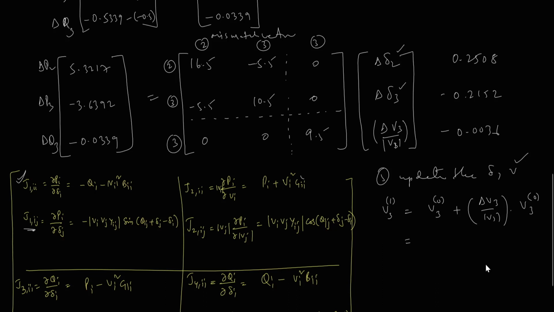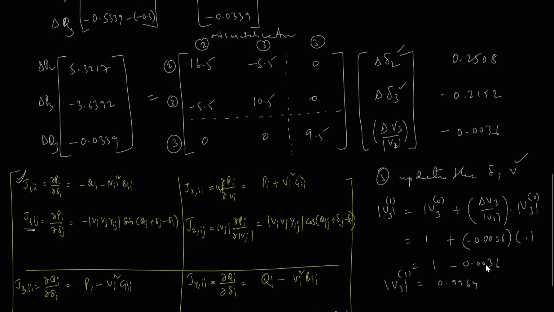All are magnitudes. So this is 1 plus this value, minus 0.0036, multiplied by 1. So we get 1 minus 0.0036, which is 0.9964. This is the V3 magnitude after the first iteration.